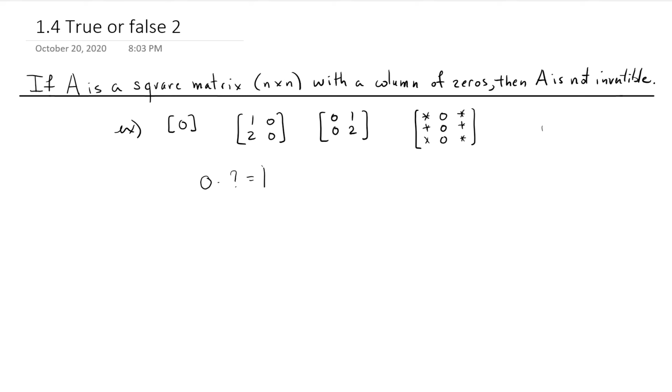Maybe if we want to convert those into matrices, we're going to get the 1 by 1 identity matrix, and that's not possible, right? 0 times anything is always going to give me 0. So clearly, at least, if the matrix is 1 by 1, it doesn't work.